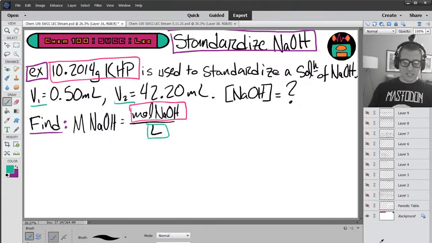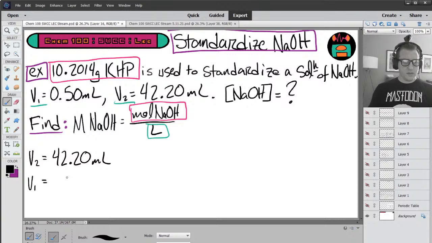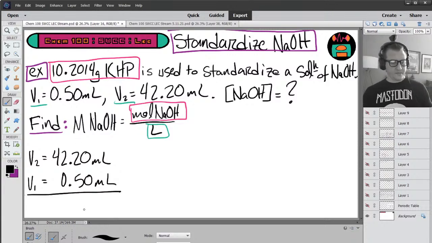All right, so let's go ahead and start with volume because it's easy enough to line up. Final volume, 42.20 milliliters. Initial volume, 0.50 milliliters. Take the difference between these two.